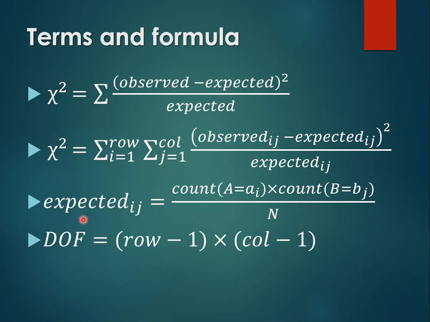And then we can calculate the expected value for each cell by this formula, and we'll look into how this formula can be used when we go through the example. The degree of freedom, or D.O.F., is simply the number of rows minus 1 multiplied by the number of columns minus 1.